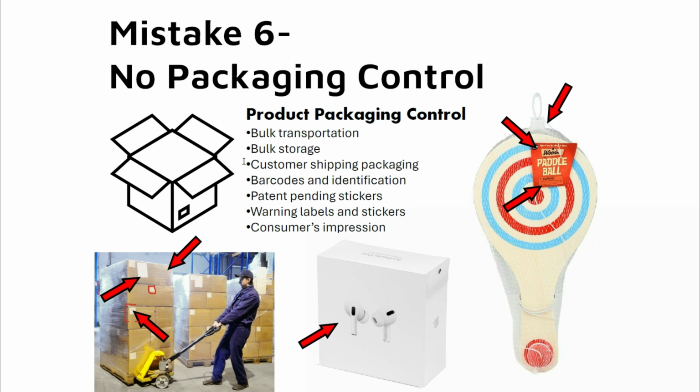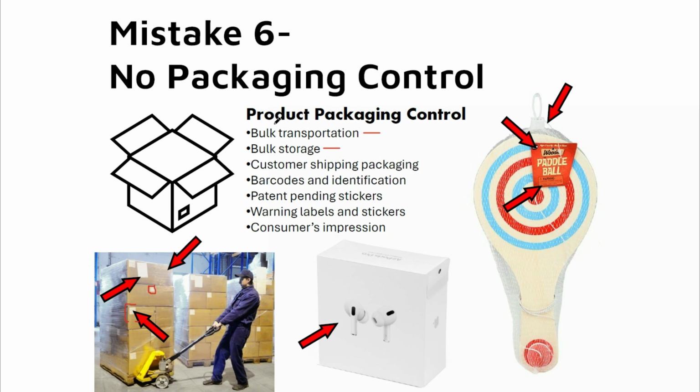Okay, let's look at some of the items I've listed out here. First is bulk transportation. Inevitably, if you're making, let's say, an order of 10,000 of these, they're not going to be shipped individually. They'll be transported in bulk and shipped in bulk. And they're not going to be sitting in a nice, climate controlled environment. They might be sitting in a shipping container, maybe sitting out back as they're getting moved through transportation.